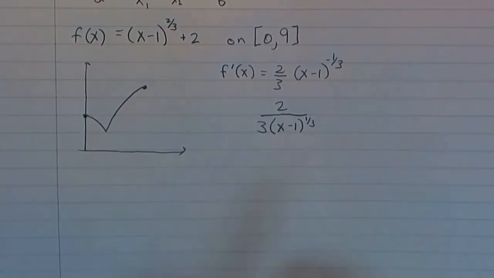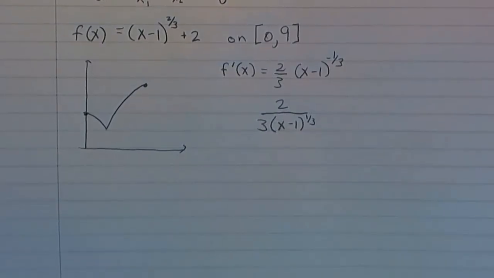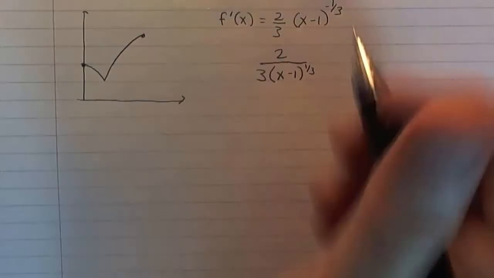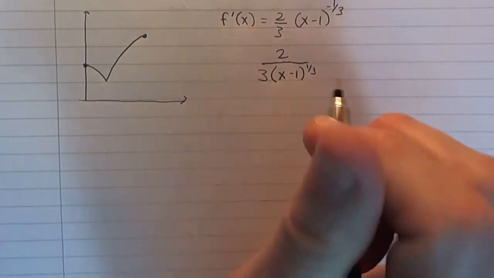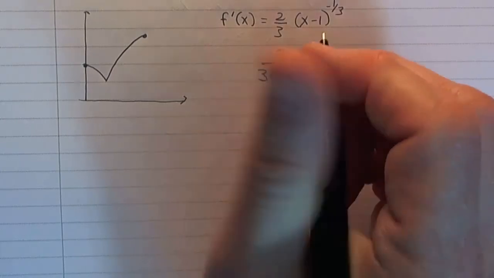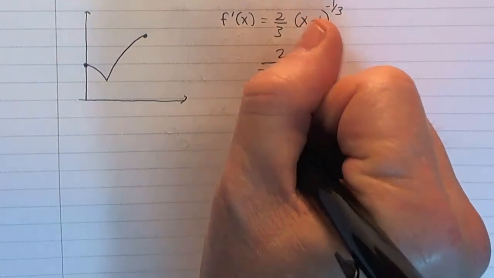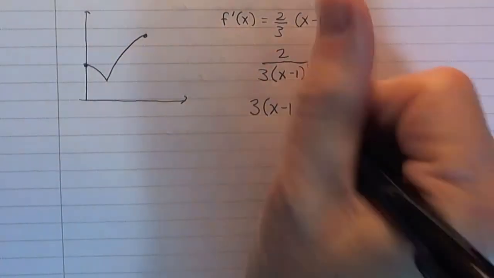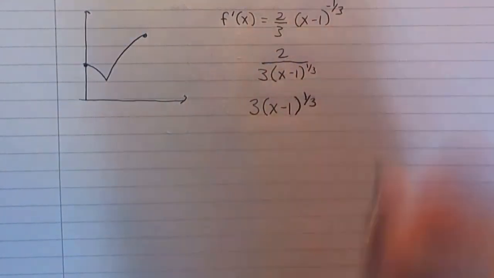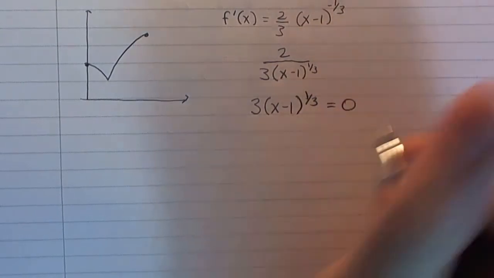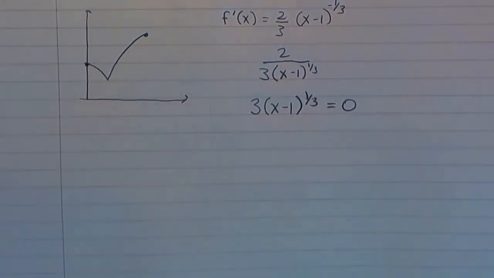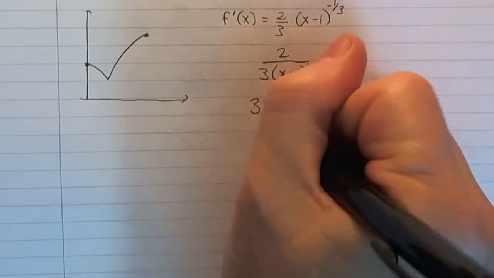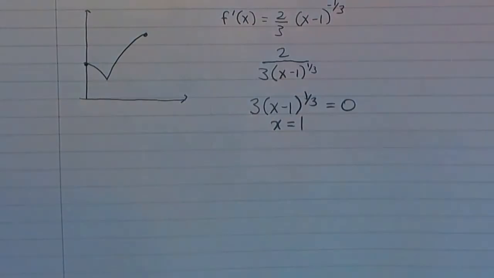So we're not going to find any place where the derivative is equal to 0, but what we can do is find where the derivative is undefined. I'm going to do that by setting the denominator equal to 0 and finding for what value of x the denominator will be 0. It's pretty clear that's x equals 1.